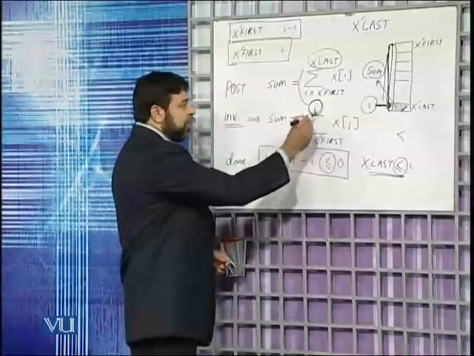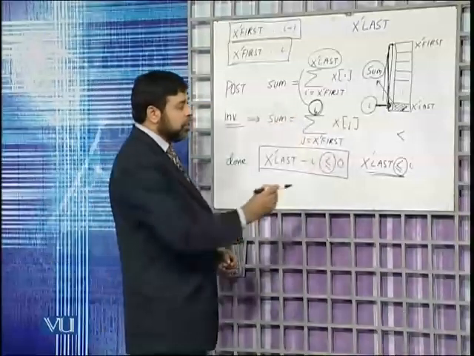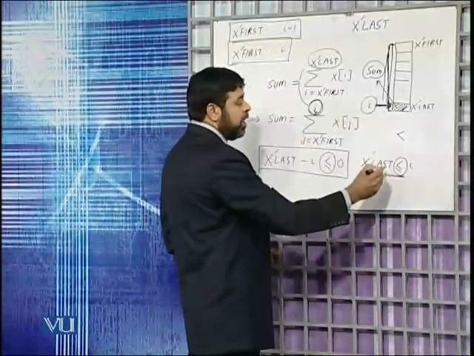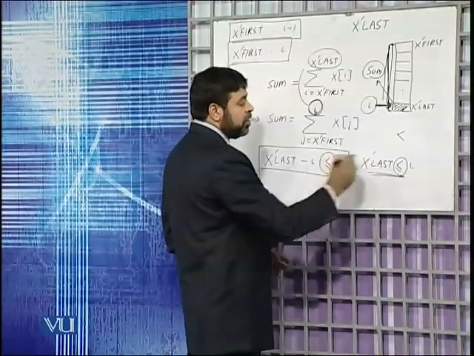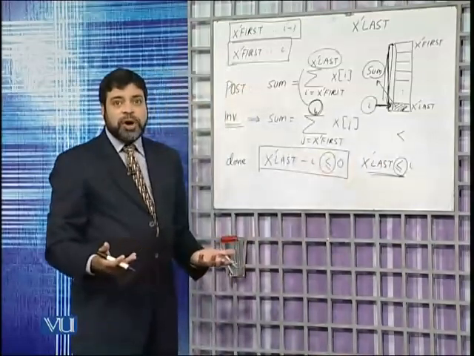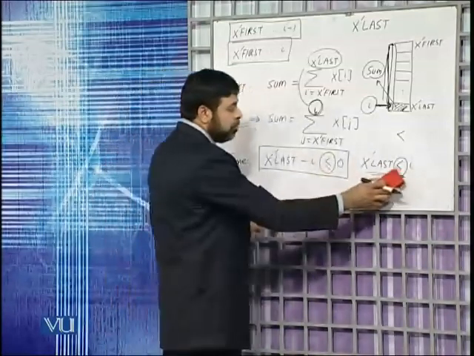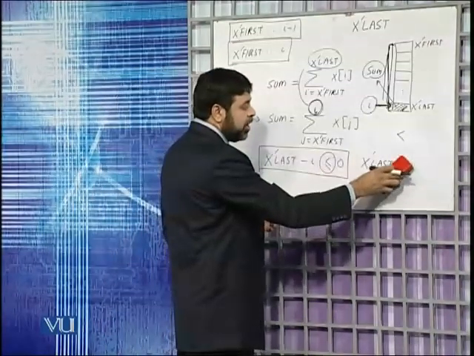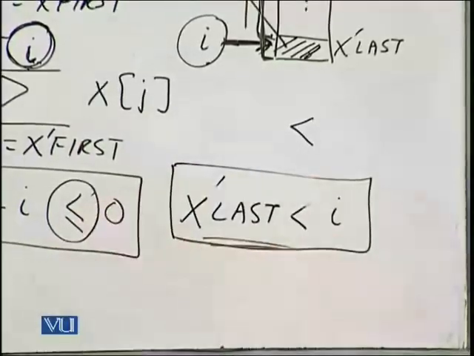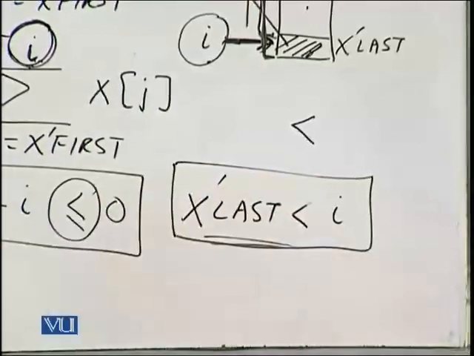If I keep my invariant condition like this, that means as soon as I have this thing equal, I should come out of the loop. So my condition here should be, in that particular case, that I use this as my done condition. That is, x last is less than I.